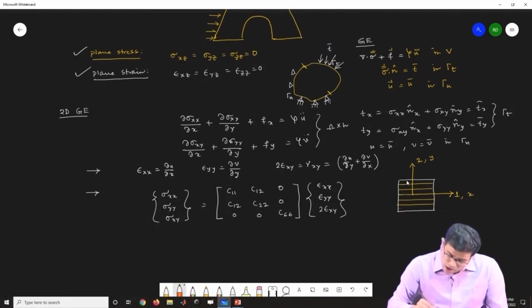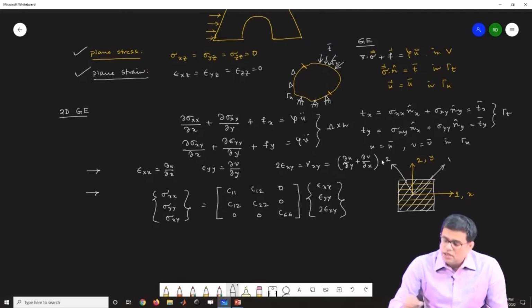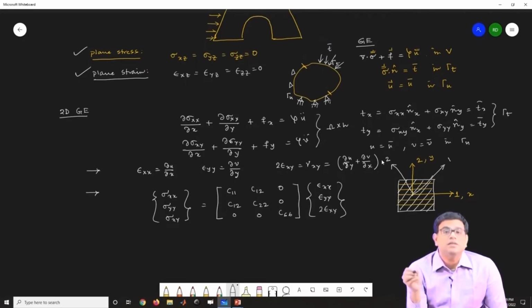It is possible that our material orientation is something like this, for instance, our material axis. So the fibers are aligned along some 45-degree angle. Now this is my material axis, this is my one axis and this is my two axis. So here the material axis is not the same as the structural axis or the body axis.